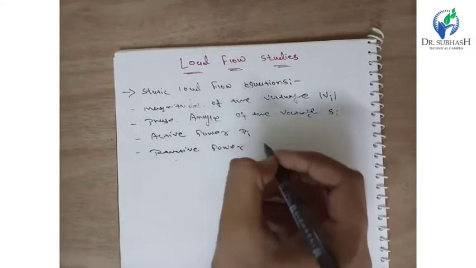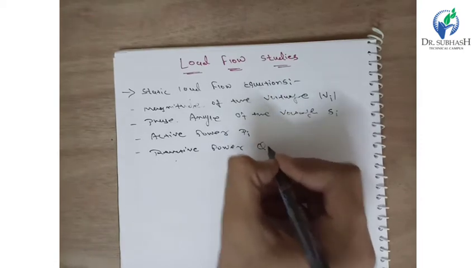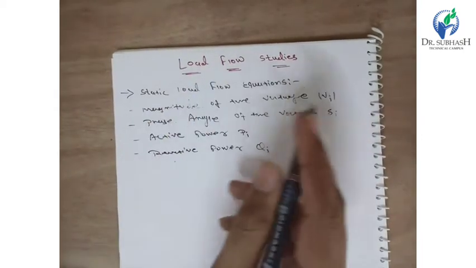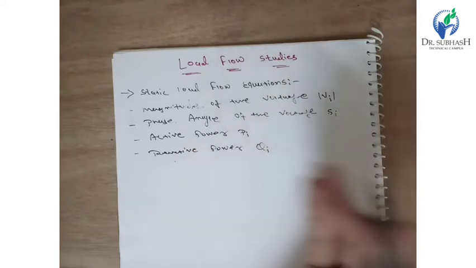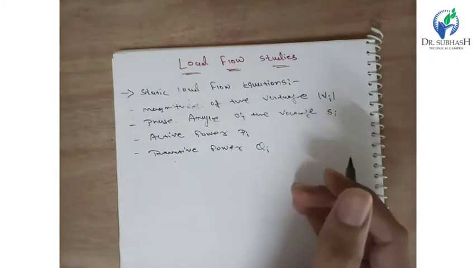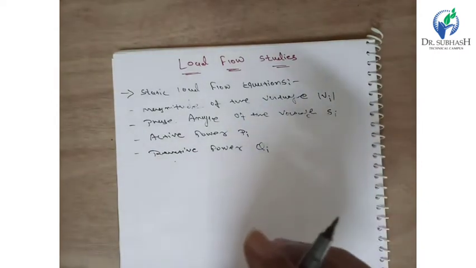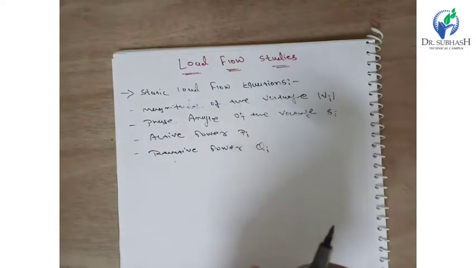For reactive power we consider the symbol Q i. All these symbols are very important for the next purpose. These are the variables associated with power system buses.